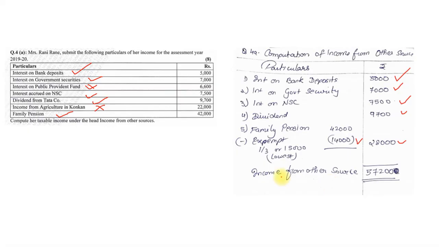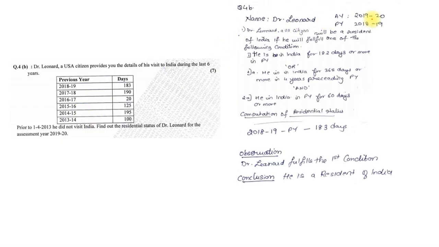Now the last sum which is there. Dr. Leonard, a US citizen, gives you the details of his visit to India during the last 6 years prior to that, and then they said before 2013 he never visited. Find the status. Assessment year is 2019-20, so the previous year will become 2018-19.